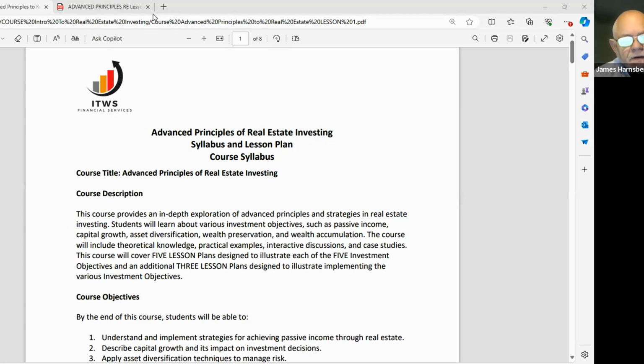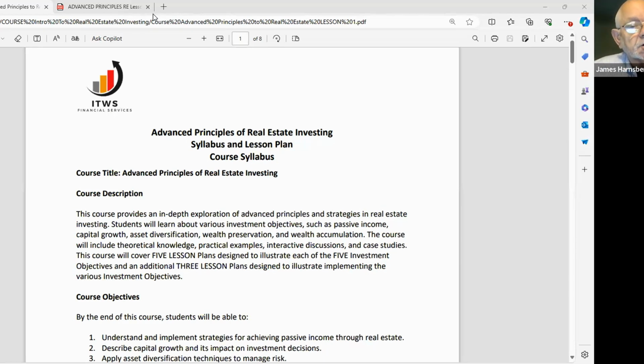The way this course is set up, there are 5 lesson plans that are designed to illustrate each of the 5 investment objectives, which I'll go through and cover in just a moment. There's an additional 3 lesson plans designed to illustrate implementing the various investment objectives.